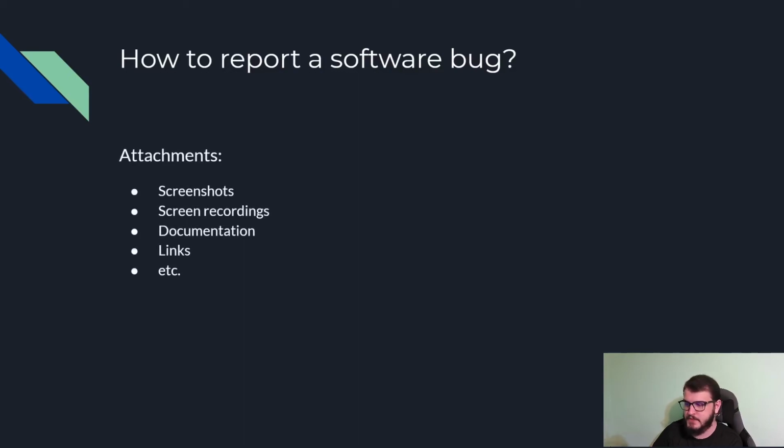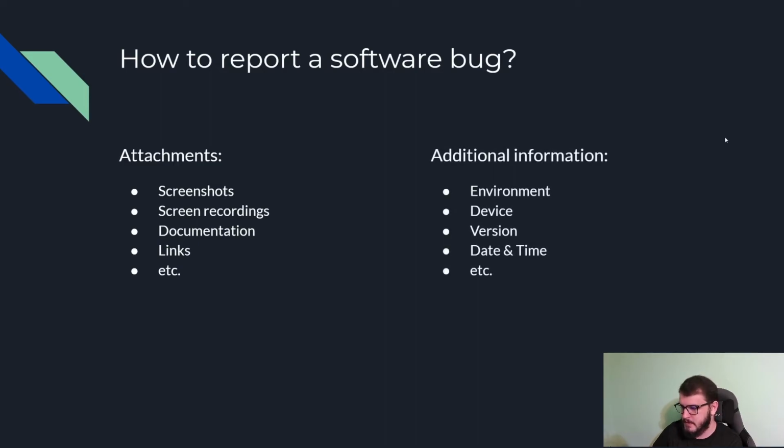Attachments. They should be a visual representation of the bug. Pretty straightforward. They can be screenshots, screen recordings, documentation, links, and so on. Additional information. Stuff like environment, device type, version, maybe date and time if they are relevant, or any other relevant information that might be used for fixing the issue.